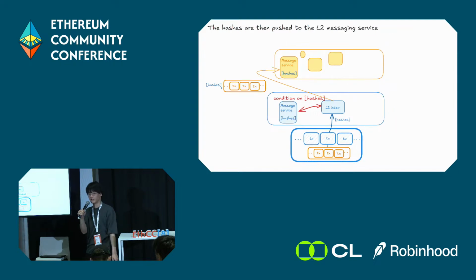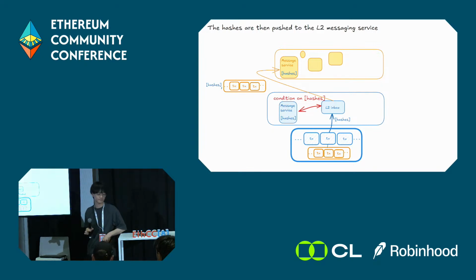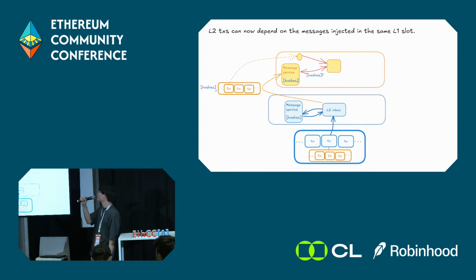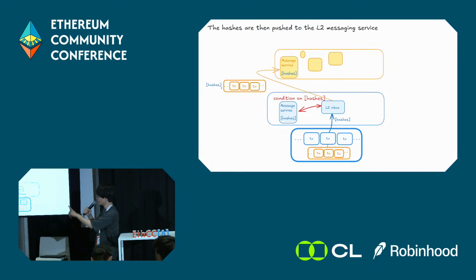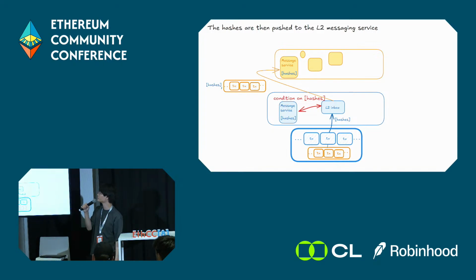Now what happens is that you can have the L2 inbox emit the event to actually trigger the L2 execution, and you can pass in the L2 hashes together with it. And then these hashes are stored in the L2 message service. So the nice thing that you get here is that you tunnel through all the hashes up until the message service, with the condition that they actually exist in the message service on the L1 side too.